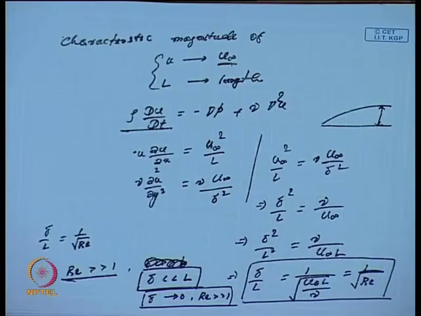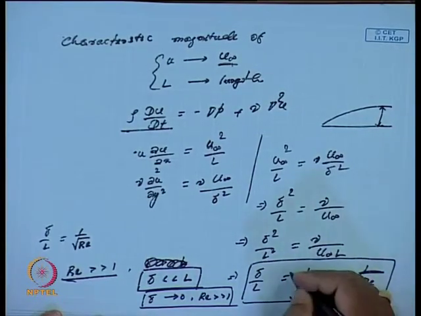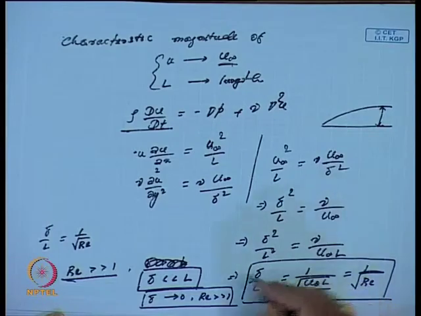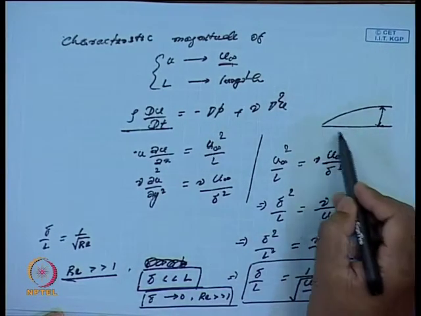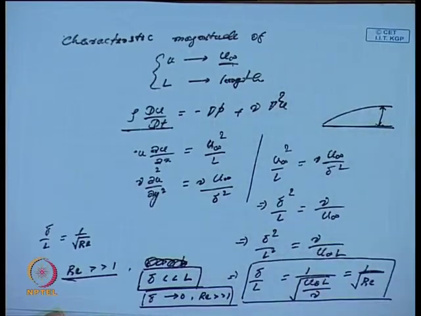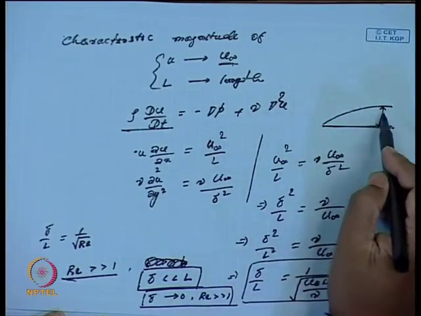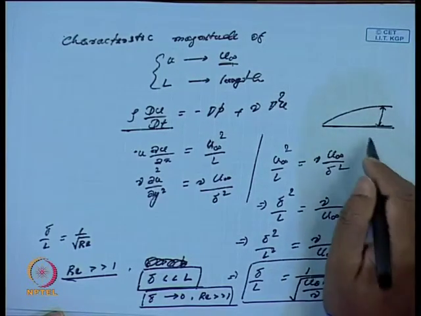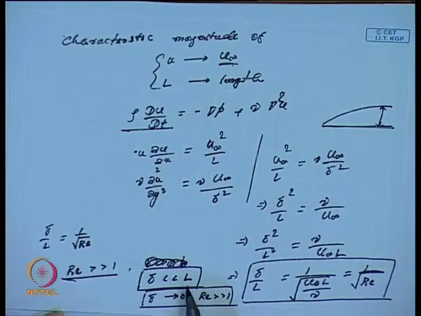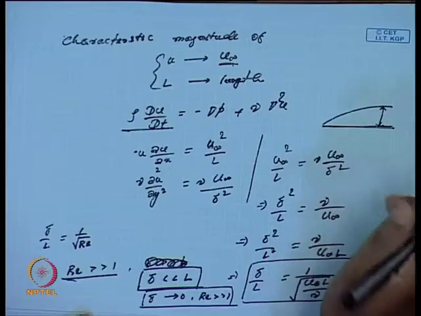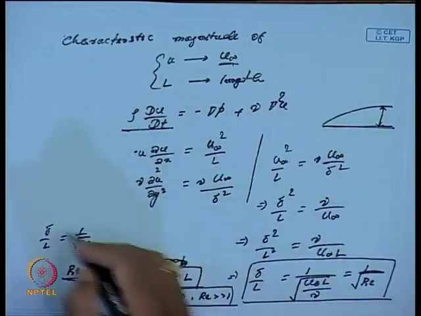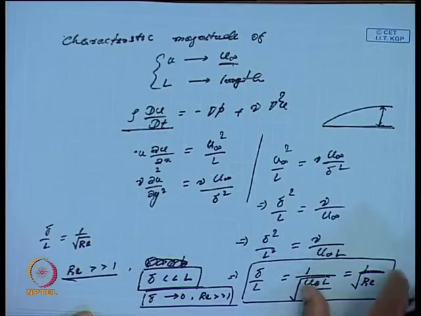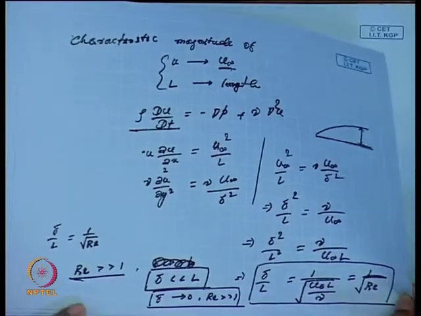So, we have understood that for large Reynolds number the boundary layer thickness tends to 0. The length scale along the x axis is L and delta is the length scale along the y axis, so delta is much less than L when Re is large. I will come to the details a little later.